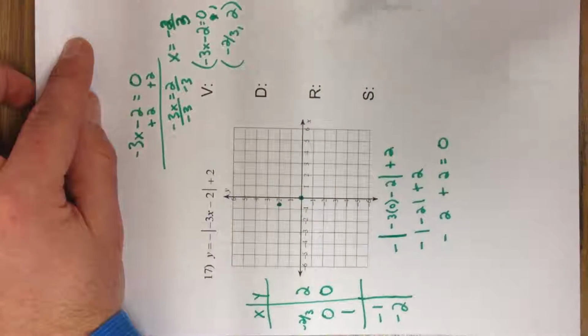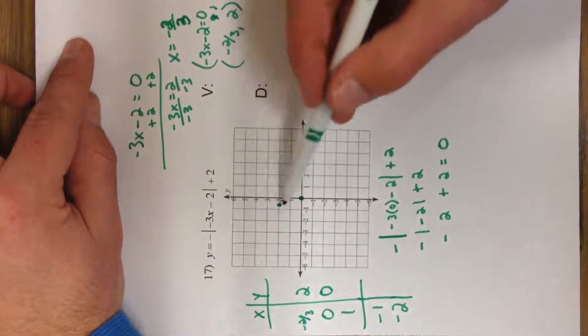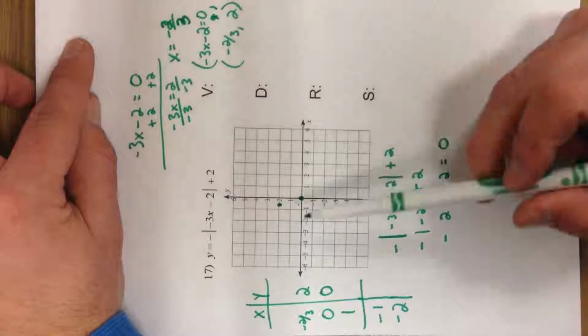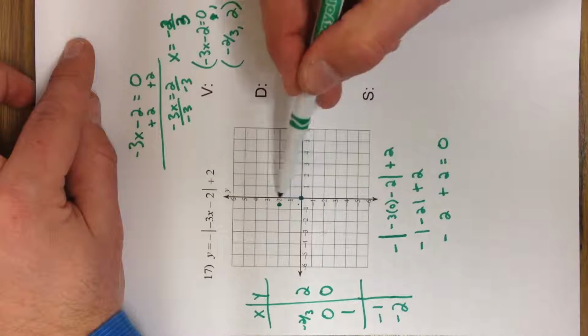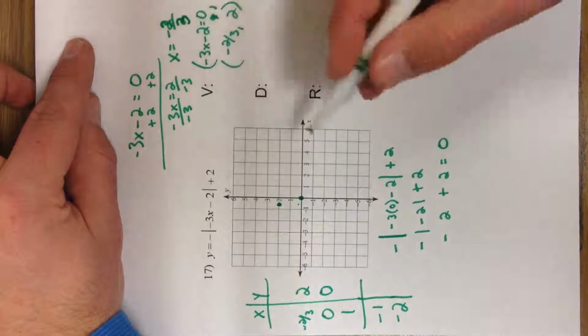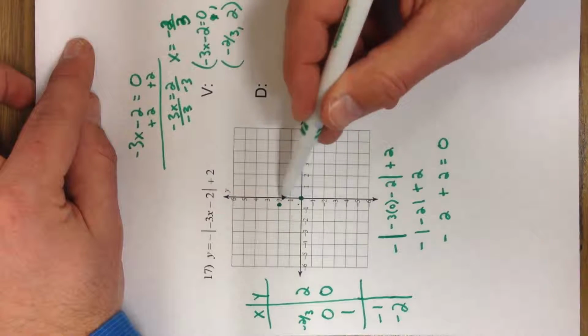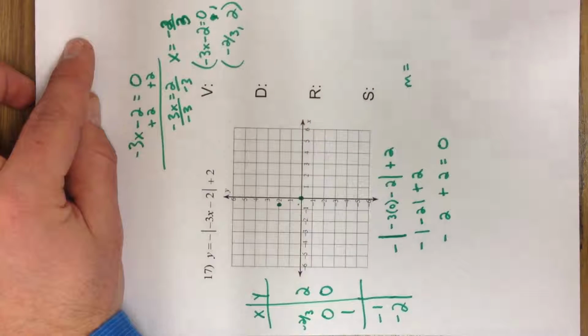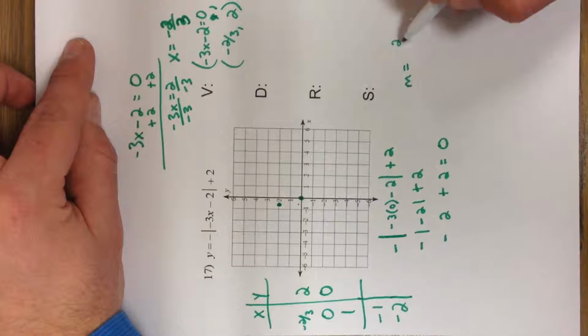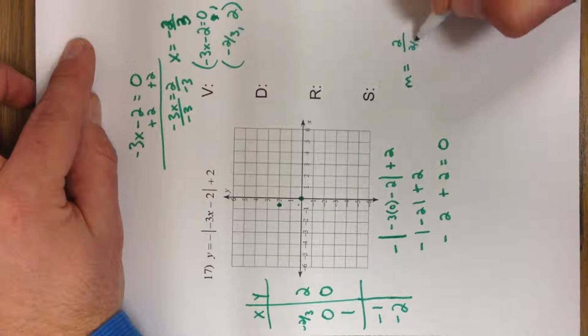When I plug in 1, this does not look like it's 3 to 1, but if you think about the rise and the run, it rises 2 and it runs 2/3. So if you did the rise and run, the slope between those 2 points, you'd have a rise of 2 and a run of 2/3.